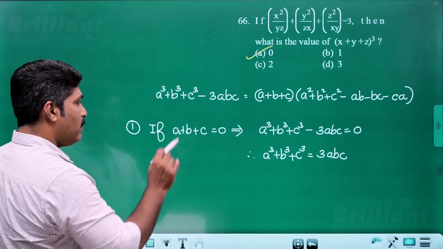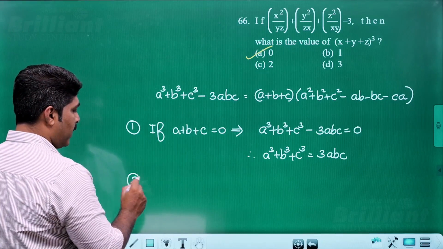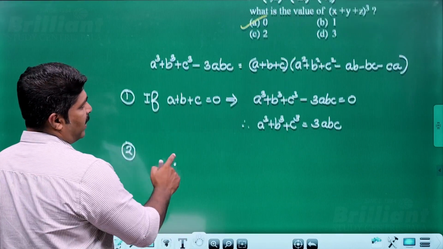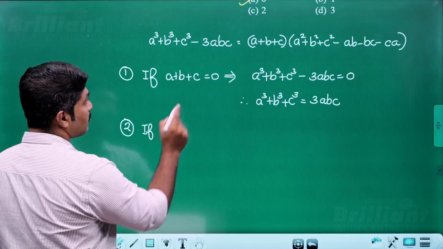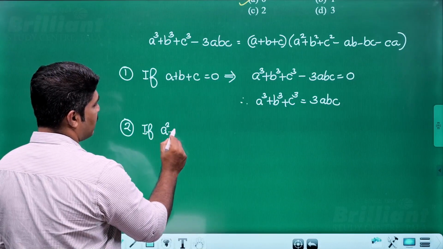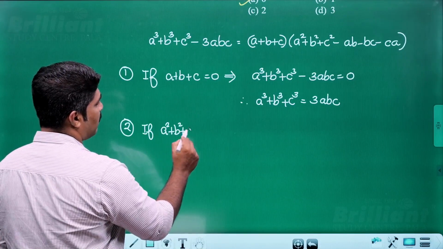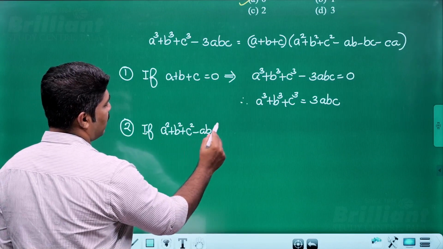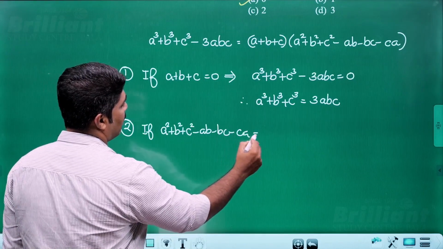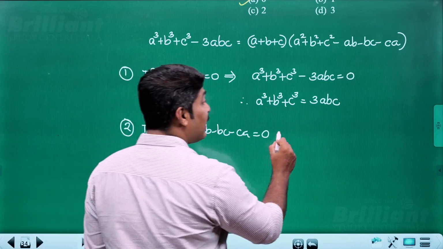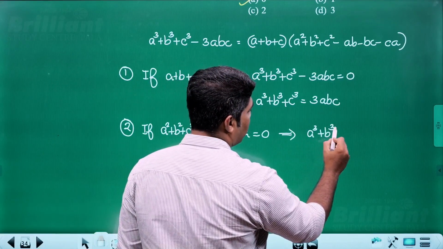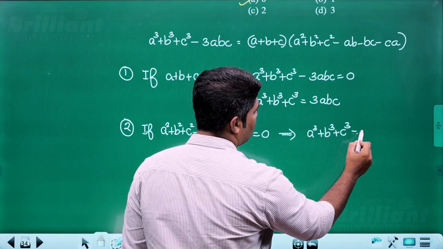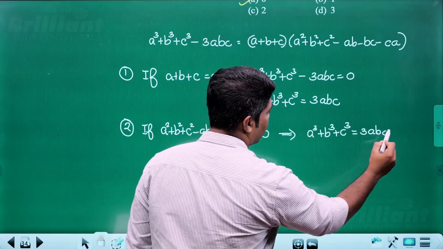Another possibility also can be there. That's the second possibility. If that second term, a square plus b square plus c square minus ab minus bc minus ca, equals 0, then also we can write a cube plus b cube plus c cube is equal to 3abc.